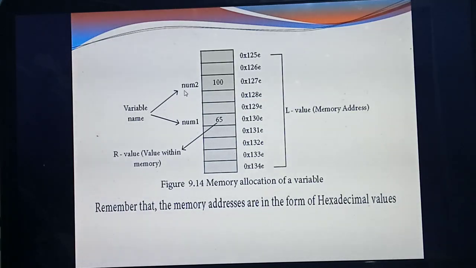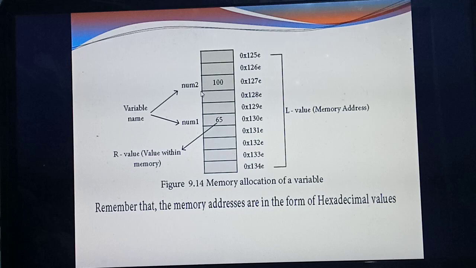Next, you are storing the value of num1 as 65 and the value of num2 as 100. Understood? What's the value of num1? 65. And what's the value of num2? 100. Understood?